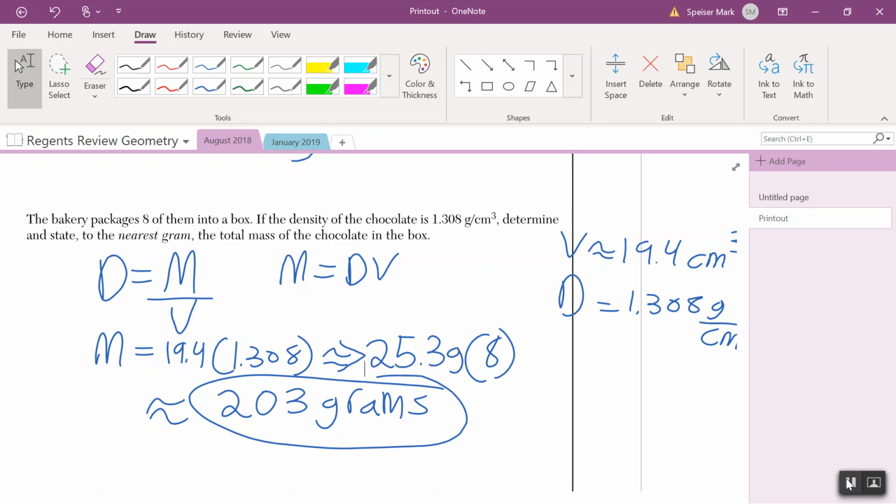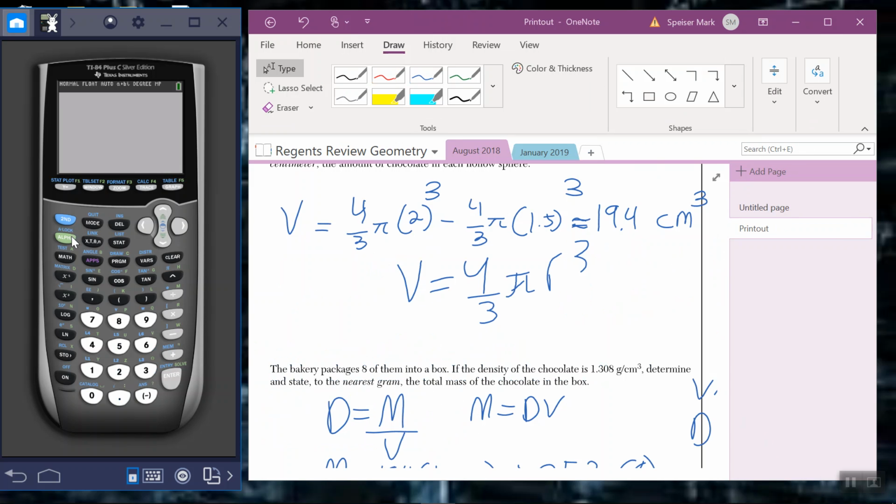Just to show you what this looks like on the calculator before we finish. To find the volume in the calculator, hit alpha y equals, option 1 to type in that fraction. So 4/3 pi is second, exponent symbol, parentheses, 2 raised to the third power, minus alpha y equals, first option, 4/3 times pi times 1.5 to the third power.